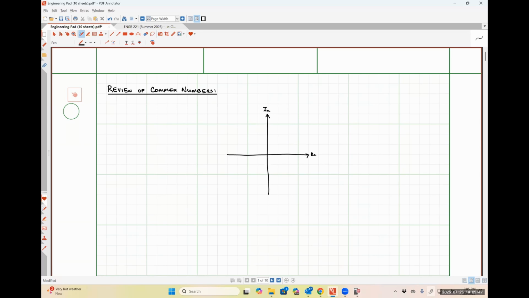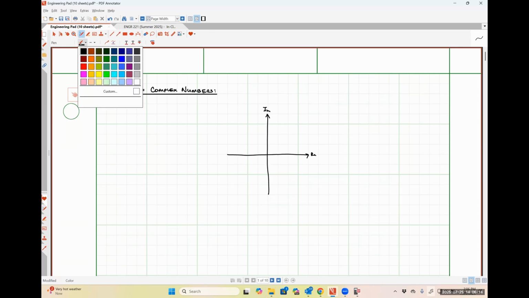Well, we have a second number line that is just rotated 90 degrees out of phase with our real axis, and that's our imaginary number line, where everything above the horizontal axis is going to represent positive imaginary numbers, and everything below the horizontal axis is going to represent negative imaginary numbers.